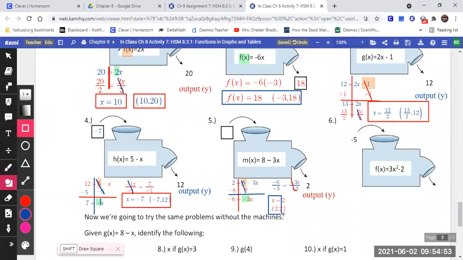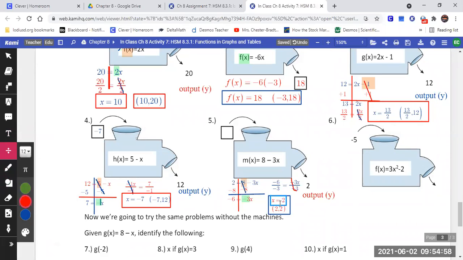All right, last one of these with the function machine showing, and then we're going to do some without the function machine showing. We're just going to use it in function notation is what they call it.